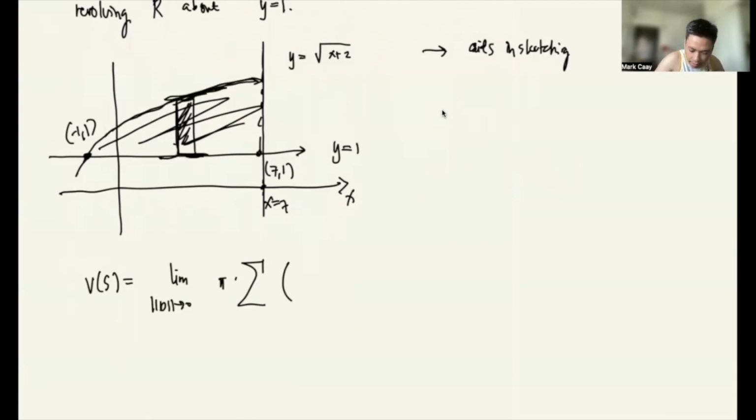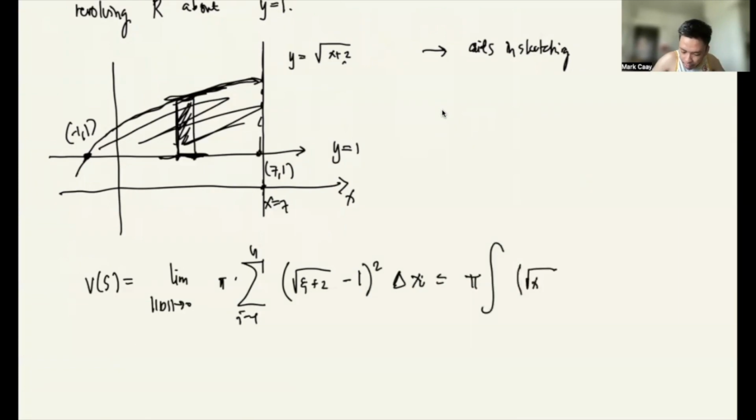So, alam natin this is the square root of x sub i plus 2, minus 1 squared delta x sub i, i from 1 to n. So, this is the same as pi, the integral of the square root of x plus 2 minus 1 squared dx. So, yung interval natin is dito. So, this is from -1 to 7. Okay, I hope you're following.